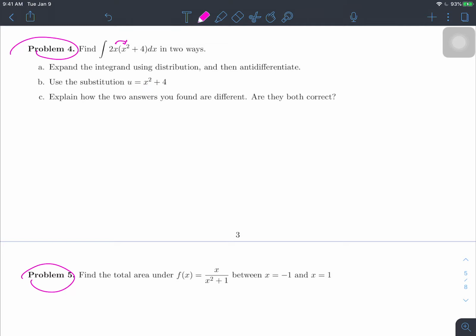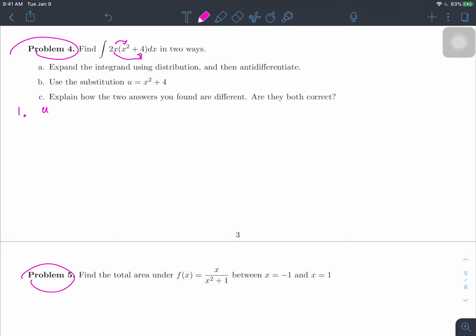We could distribute the 2x onto the x squared and the plus 4, and we'd have a polynomial, and we could use linearity of the integral to find the antiderivative of each piece of the sum, and then we'd get our answer. So those are the two ways that we're going to do it. Let's do way number 1.